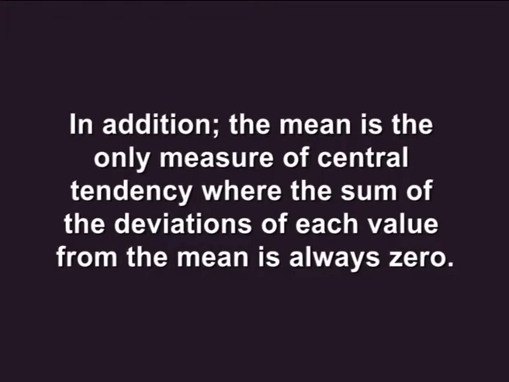One of the important properties of mean is that it minimizes error in the prediction of any one value in your data set. In addition, mean is the only measure of central tendency where the sum of deviations of each value from the mean is always 0.